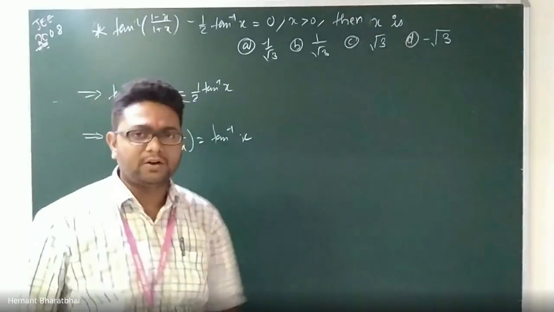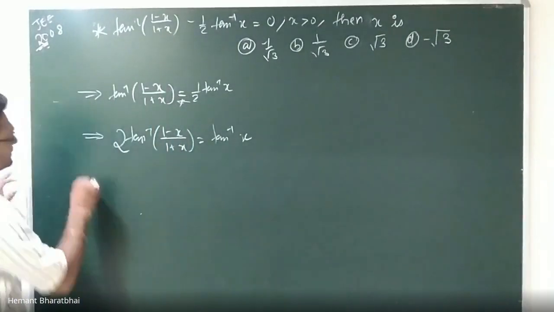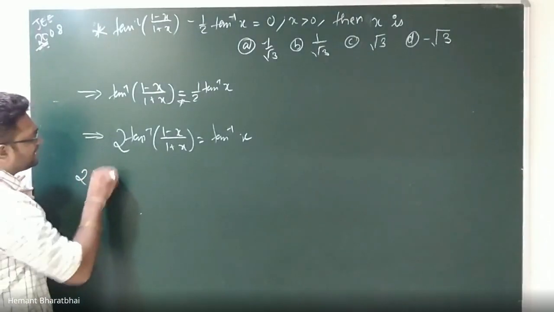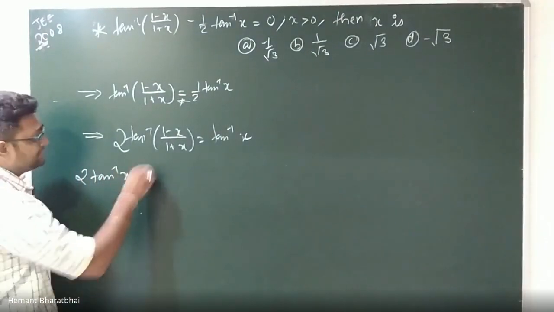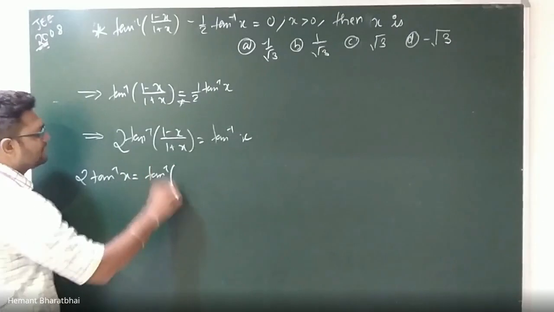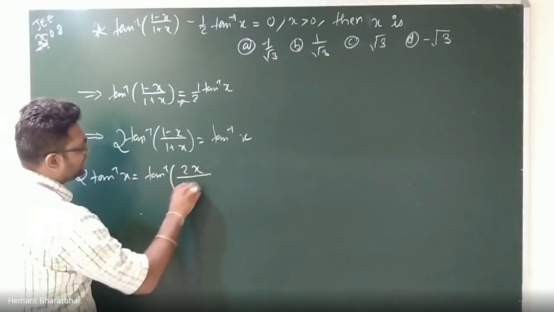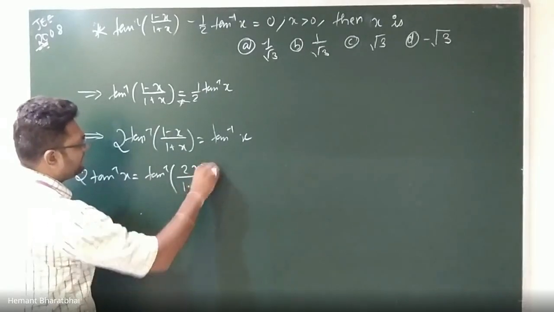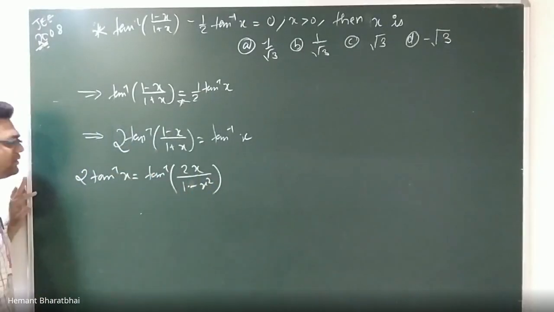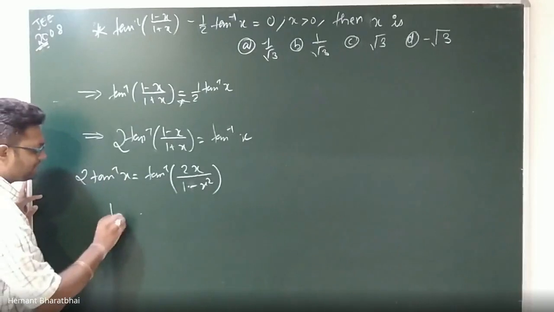So you have to think of applying the formula of 2 tan inverse of x. What is the formula of 2 tan inverse of x in terms of tan? It is tan inverse of 2x upon 1 minus x square. So I am going to apply this formula over here.